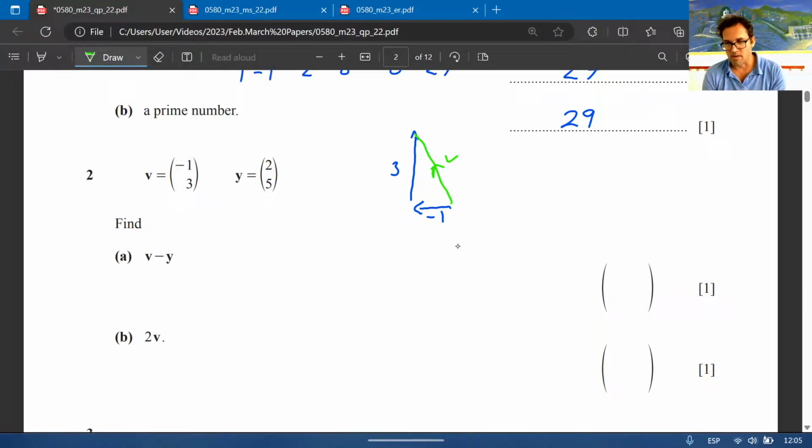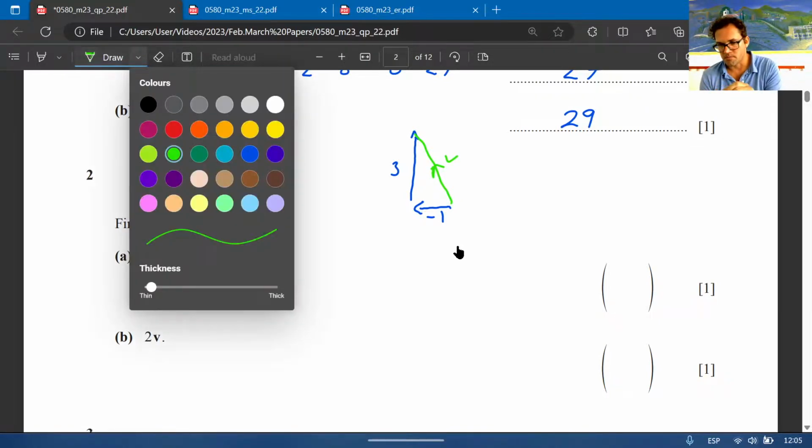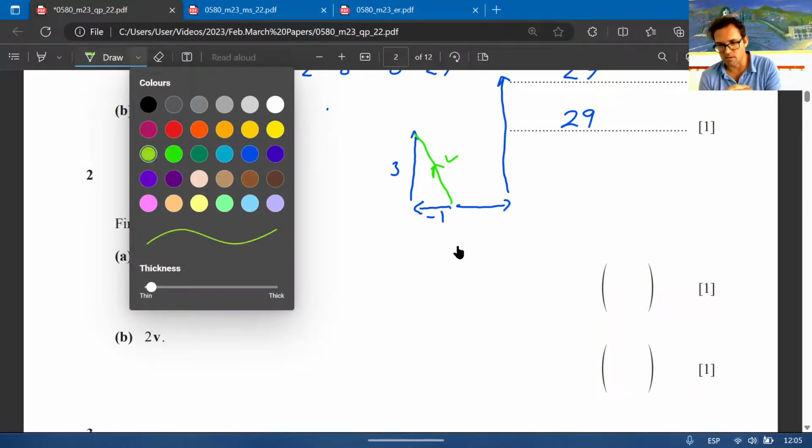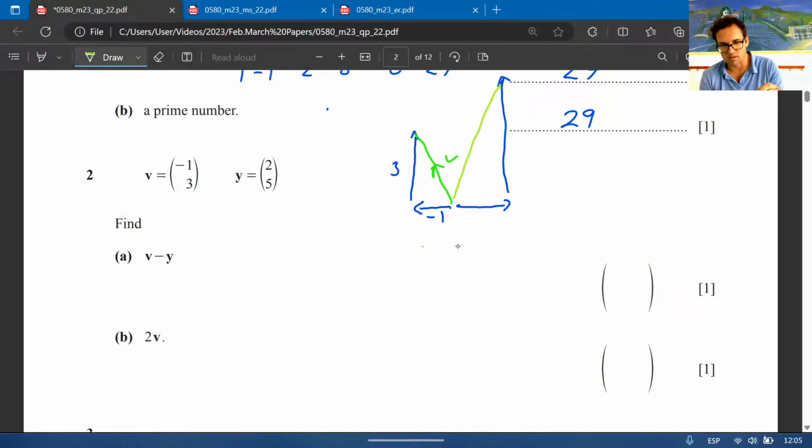Okay. The vector Y, of course, will be 2 spaces to the right and then 5 spaces up, and it is a big ugly, sorry, so that will be the vector, goes like that, Y. Now when we subtract them, it's actually quite easy. You just take the vector V, which is -1, 3, and you subtract from it the vector Y, which is 2, 5.